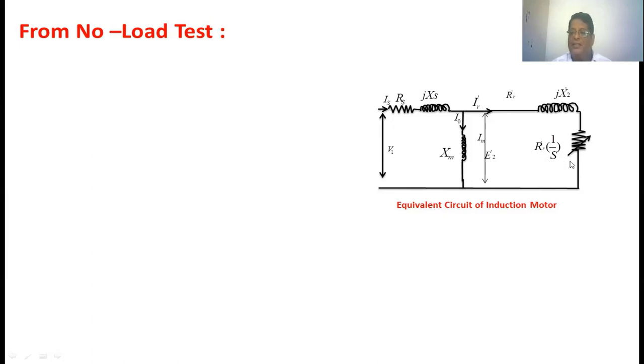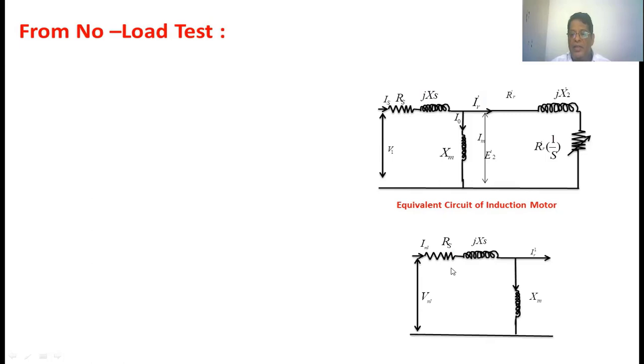This branch therefore has a high impedance in parallel with the magnetization reactance. When a small value and a high value are in parallel, the resultant impedance is a small value. So the equivalent circuit of an induction motor during the no-load test becomes this one.